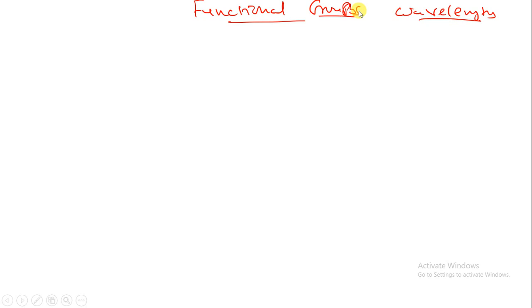So now let us make a table for the functional group wavelength. I am writing here: functional group, wavelength. This will be useful from the exam point of view as well as the example point of view.